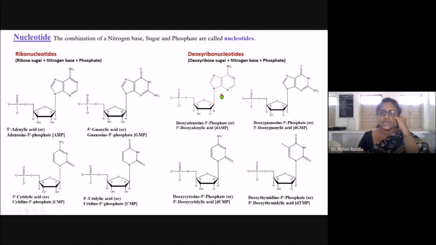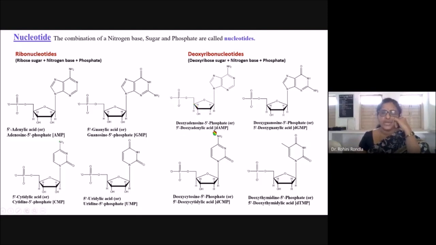This is adenine. That is why deoxyadenosine 5-phosphate. This is the combination of adenine, deoxyribose and phosphate group. That is why the name is deoxyadenosine 5-phosphate or 5-deoxyadenylic acid.